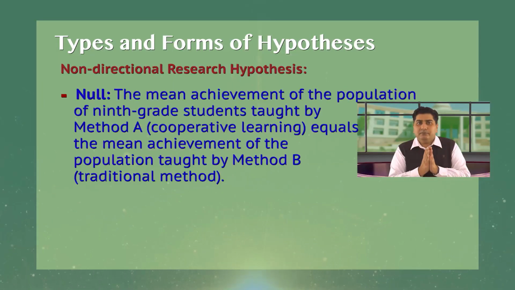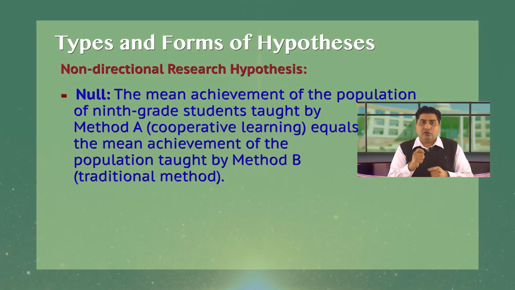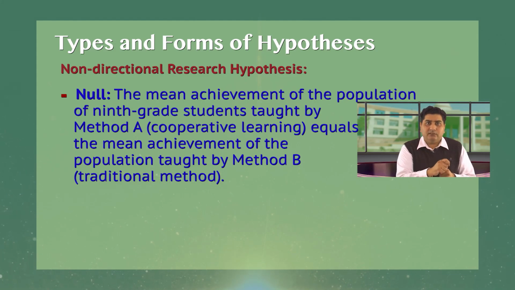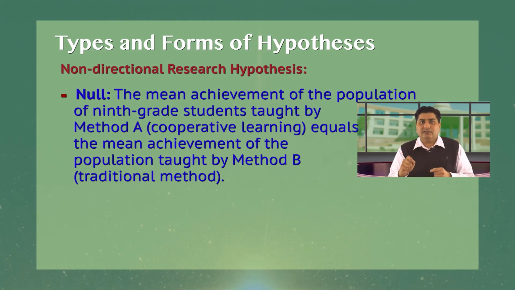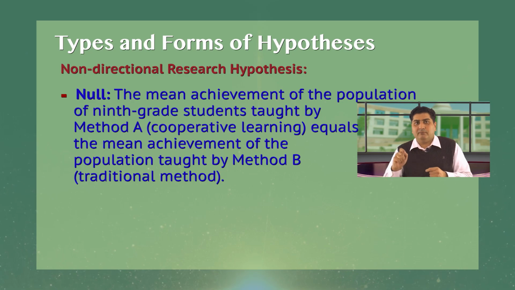Let us see another example illustrating a non-directional research hypothesis when two group means are compared. The case we just discussed, teaching of students by two methods, cooperative learning method and traditional teaching method. The null hypothesis would be the mean achievement of the population of 9th grade students taught by method A, that is cooperative learning, equals the mean achievement of the population taught by method B, that is traditional method.